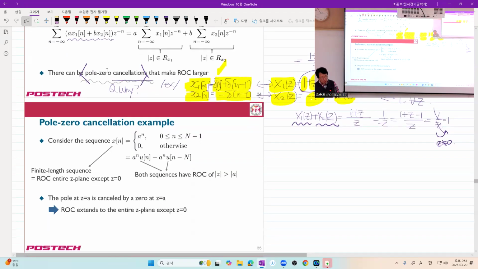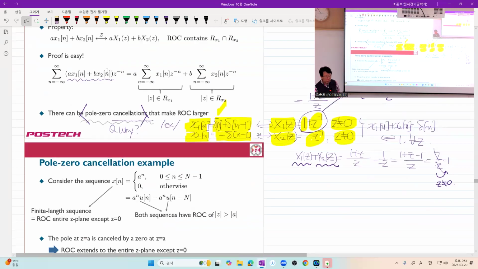Here was something more complicated than this simple example. This is what we've already seen in the previous class meeting. So we have from 0 to n minus 1 some exponentially increasing terms, but all zeros.